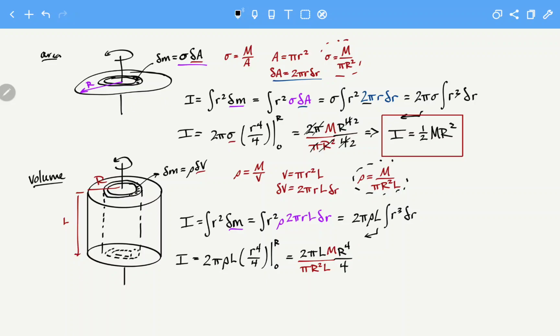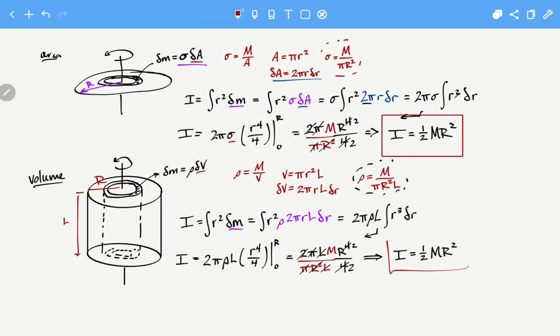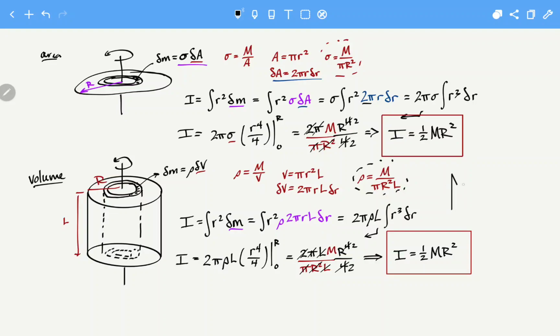And now we're going to do some awesome simplification. So pi's die, r to the 4th becomes r squared. This dies, L dies, the 4 becomes a 2, and the 2 dies. So this then tells us that for this object, the moment of inertia is equal to 1/2 m r squared, which is, again, interestingly enough, the exact same as it was if it had absolutely no length to it, right?